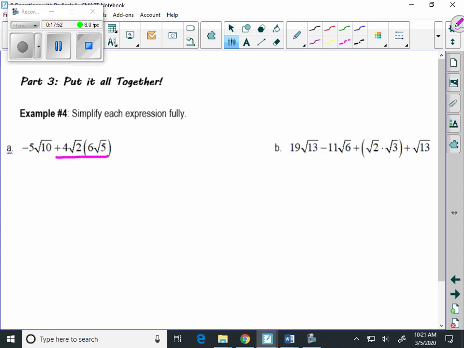But when we take a look at this particular problem, start by multiplying those two together. So it's 4 times 6 is 24. 2 times 5 is 10. We didn't do anything with our 5 square root of 10, and I need a negative in front of it, and I'm never going to get it there.